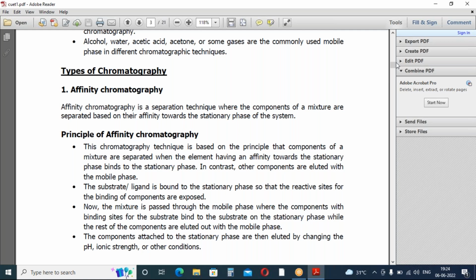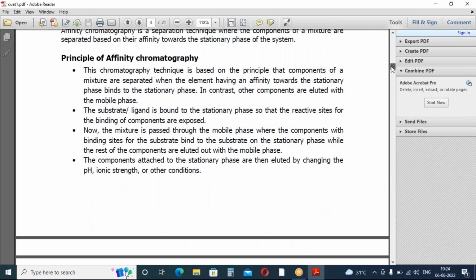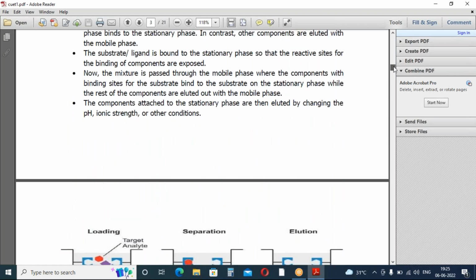After the components attach to the stationary phase, we have to separate them, using an elution process, done by changing the pH, the ionic strength or other conditions. That is affinity chromatography.